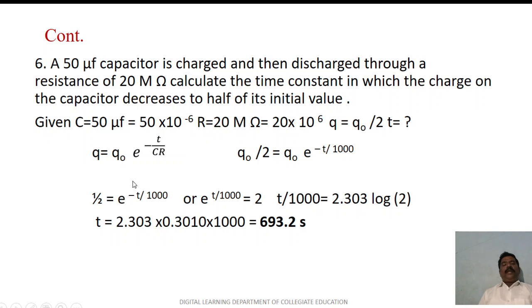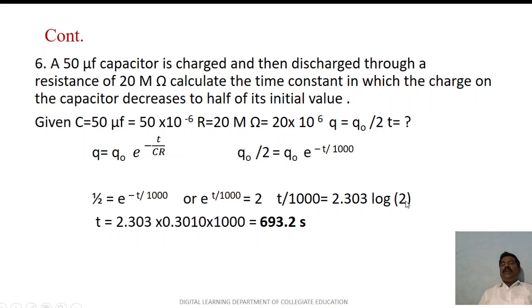Q naught cancels off, so 1 by 2 is equal to e raised to the power of minus t divided by 1000. Taking the reciprocal, it becomes positive, e raised to the power of t divided by 1000 is equal to 2. Taking the log on both sides, t divided by 1000 is equal to 2.303 log of 2.